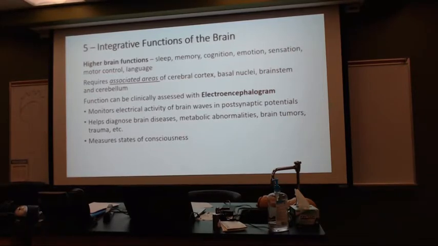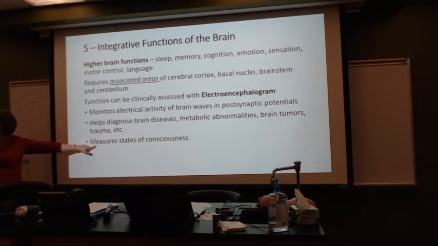Maybe showing how much it has spread or maybe how much it's shrunk, okay? But anyway, so metabolic abnormalities, brain tumors, trauma. I mean, the list is long for what this little simple test altogether can do. Not simple, but compared to other ones that can be done, it is a more simple test.